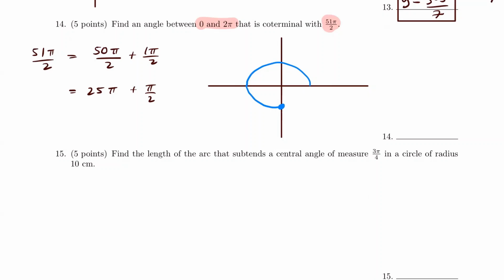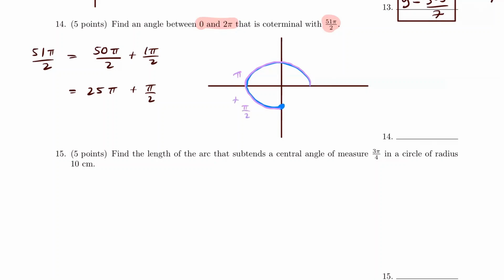So we want the angle that's coterminal with this. Well, you can keep subtracting 2 pi from 51 pi over 2, or you can simply look at how much we have traveled from 0 to get to the position we're at right here. So we know that this is pi, and then we went pi over 2 more. So we do pi plus pi over 2.